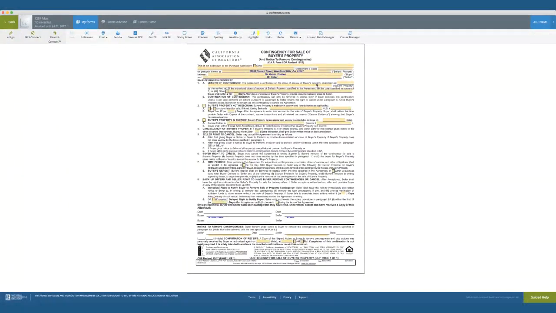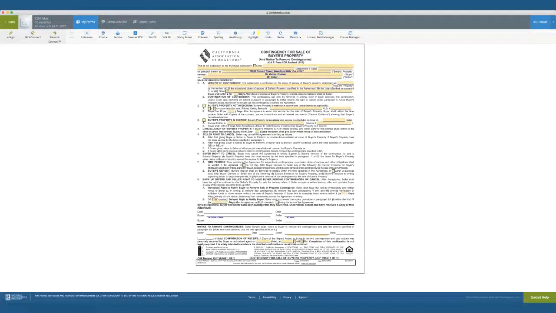The very first line of this form is the most important. The agreement is contingent on the close of escrow of the buyer's property. So it's on the close of escrow. That's the length of this contingency. Until that property closes, this contingency stays in effect.